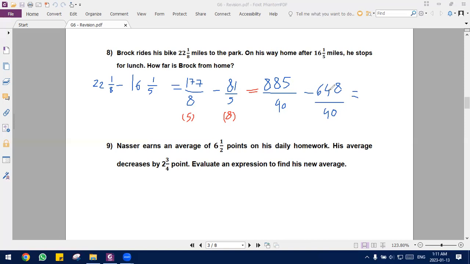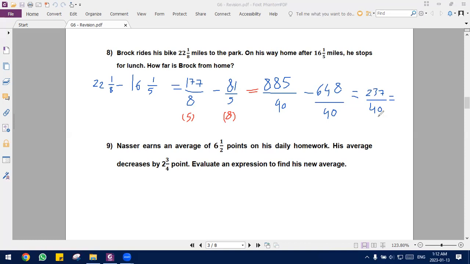Now since we have the same denominators, we can subtract them. We subtract only the numerators. 885 minus 648 will give me 237 over 40. Now, if we divide 237 over 40 to make it a mixed number, we know that 40 times 5 is 200.